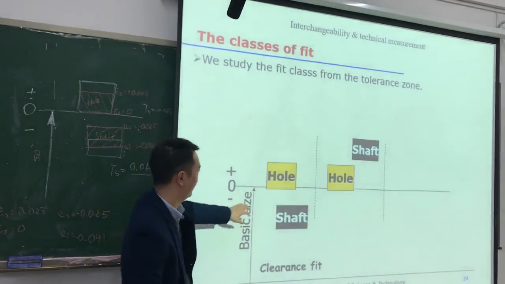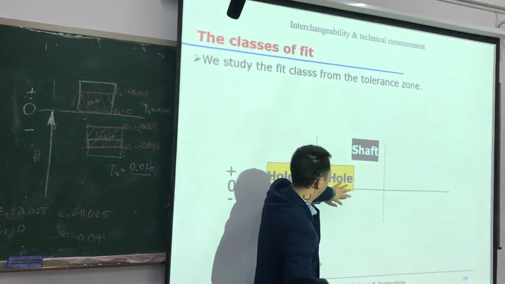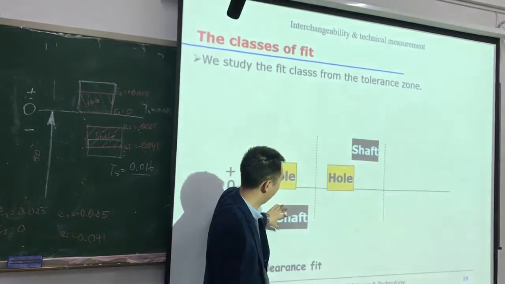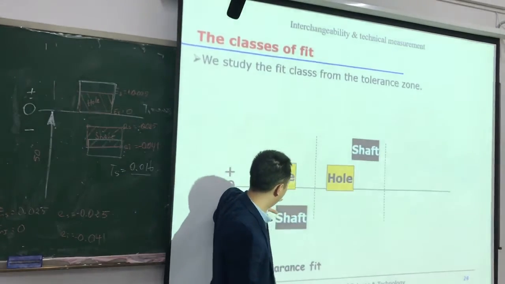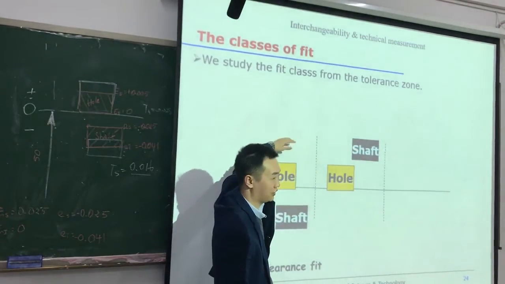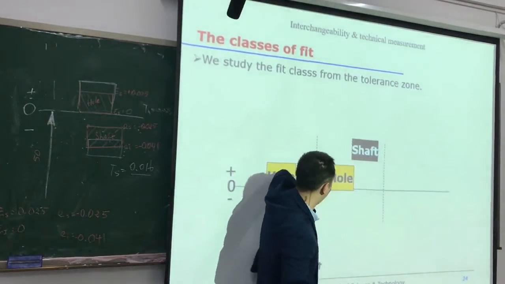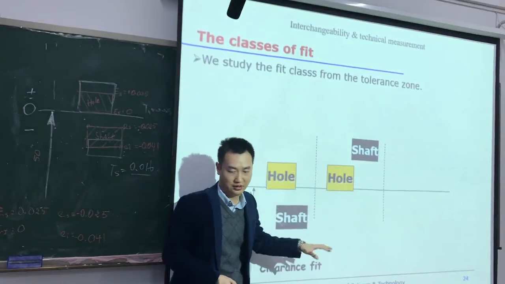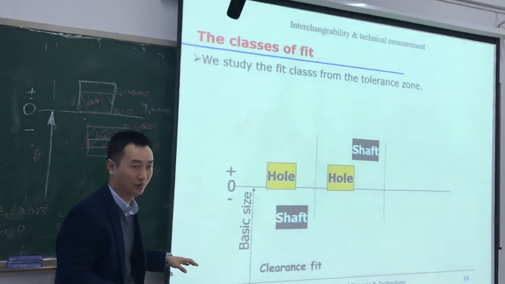For the second, we keep the tolerance zone of the hole here and move the tolerance zone of the shaft from below up to here. So when they fit together, what class of fit will it be?